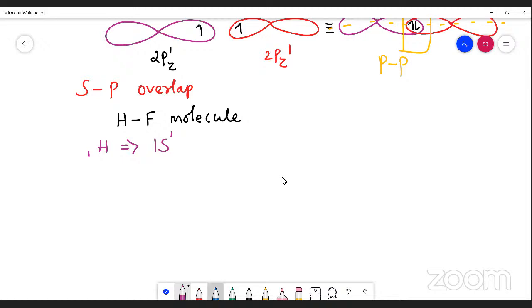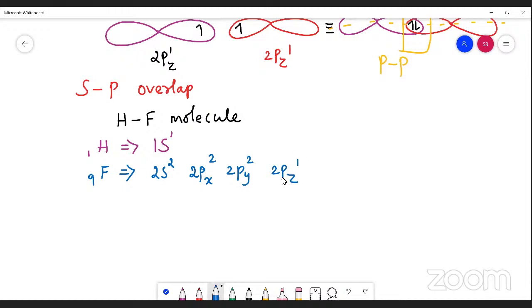In the same way, how many electrons does fluorine have? 9 electrons. But for the valence electrons, we have already seen the valence electronic configuration of a fluorine atom: 2s2, 2px2, 2py2, and 2pz1.